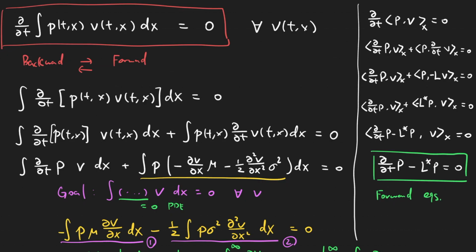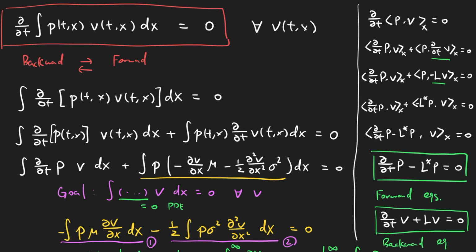So we basically applied the backward equation in this step. And we see that these two equations are connected with this identity.